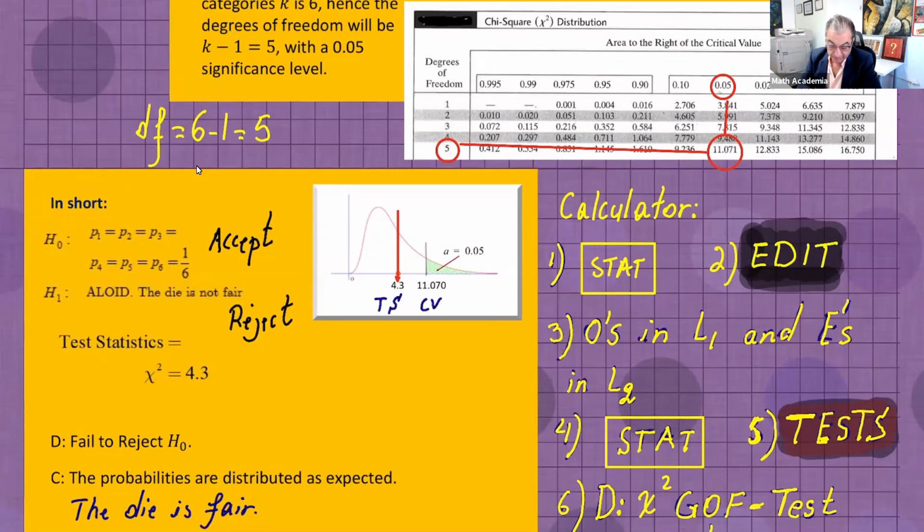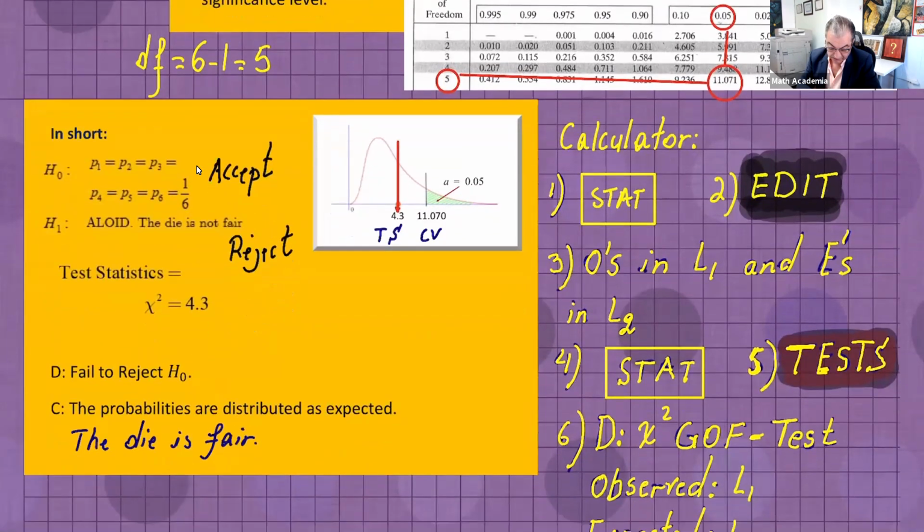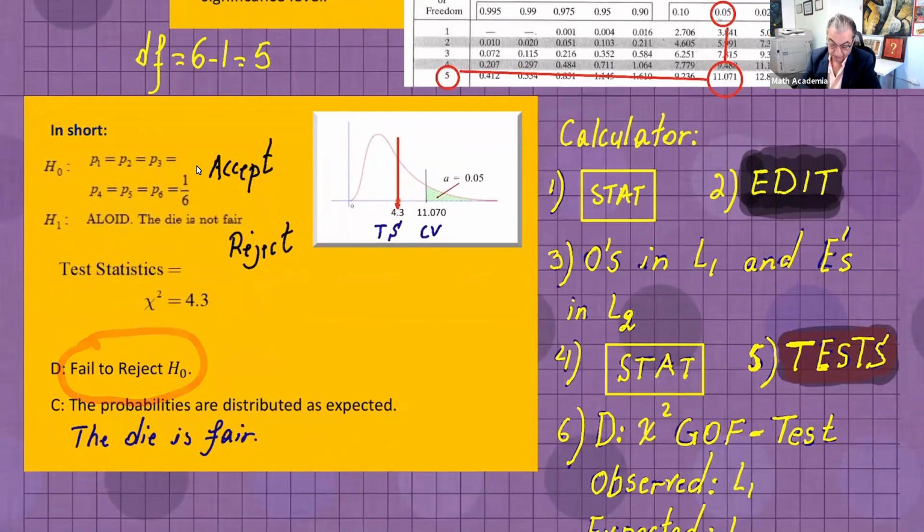So now let's see what happens in summary here. In short, P1 equals P2, and so on, equals 1 over 6. At least one is different for H1. We found the test statistic to be 4.3, right here. And the critical value is 11.07 from the chi-square table. The test statistic is in the non-shaded region. In the non-shaded region, the conclusion is going to be fail to reject H0.